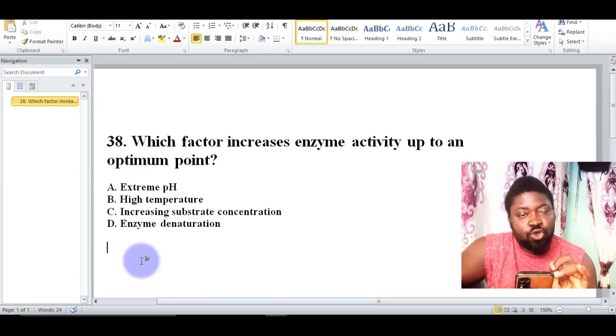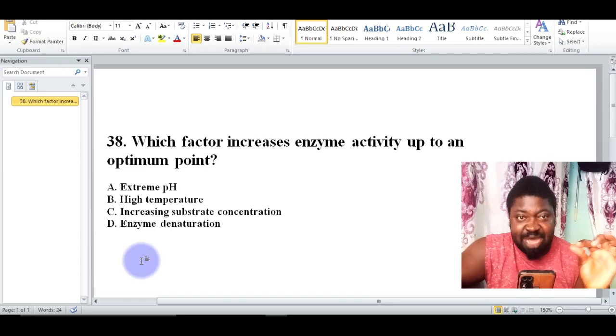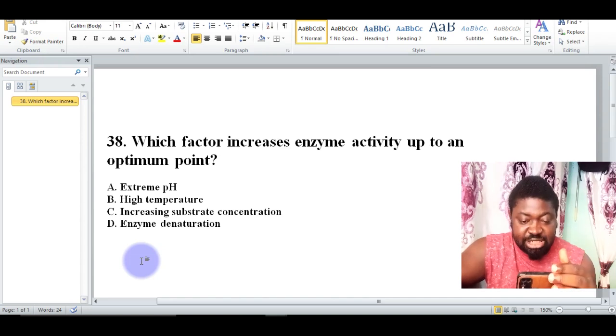Of course, if you look at it very critically, when we talk about the factor that increases enzyme activity up to an optimal level, you need to understand that it is when the substrate concentration has been increased. In fact, if you change the pH, temperature, or denature the enzyme, nothing is going to happen in terms of increasing enzyme activity. Enzyme activity can only increase when the substrate concentration is also increased.